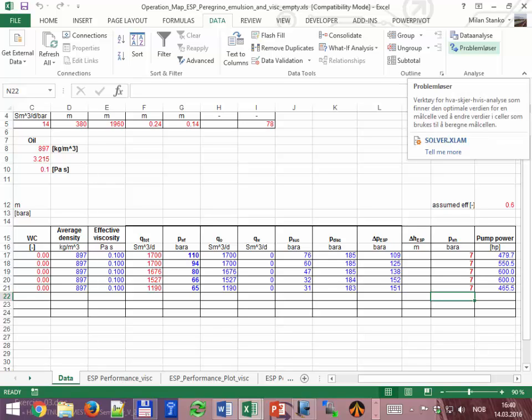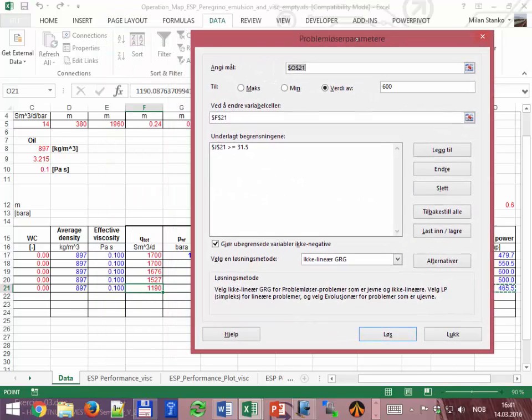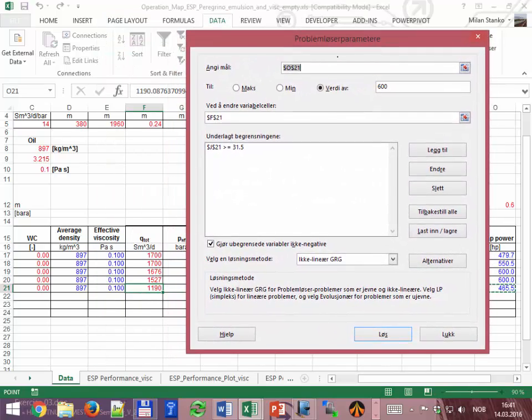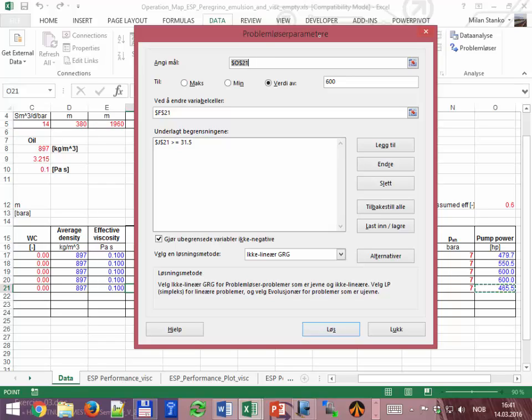Okay, we are forcing the power to be exactly 600, but in reality it could be less than that. Okay, what has to be greater than 32 is the suction pressure. Okay, so here I can reduce that. So what would be a better way to put it? Set it as a constraint.